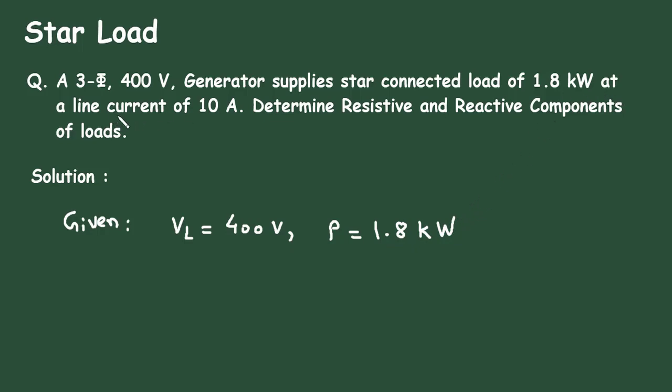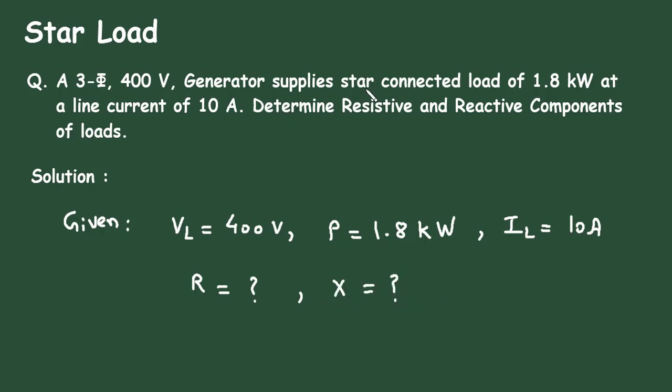Then line current is given, so IL is equal to 10 ampere. We have to determine resistive and reactive components of loads. That means we have to determine R and X.